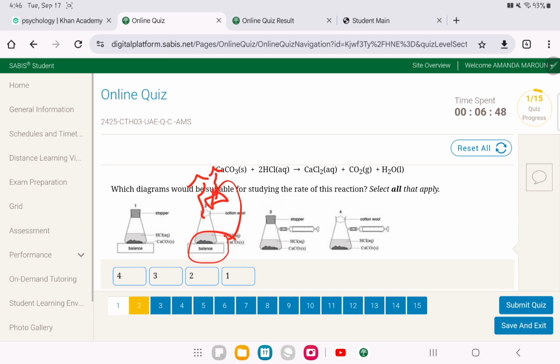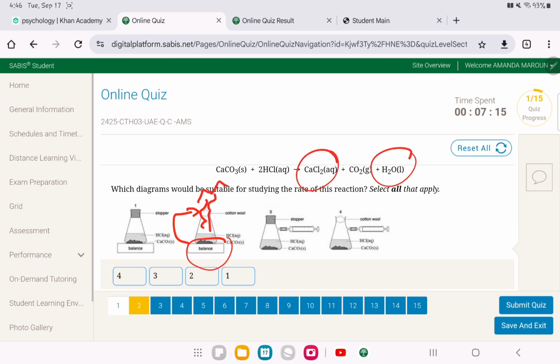So then the products which will remain, which is the solid and the liquid, you can measure the mass. So again, anytime you see balance, it has to come with the cotton wool. Why? So the gases can escape. But because we're gonna be measuring the mass of the liquids and the solids.